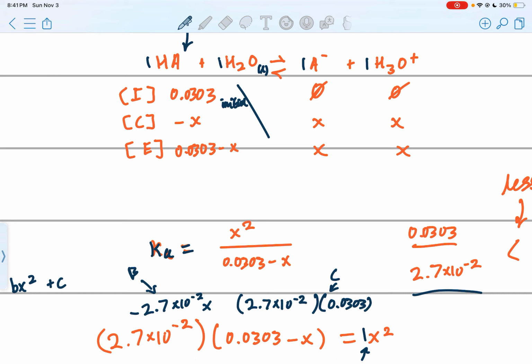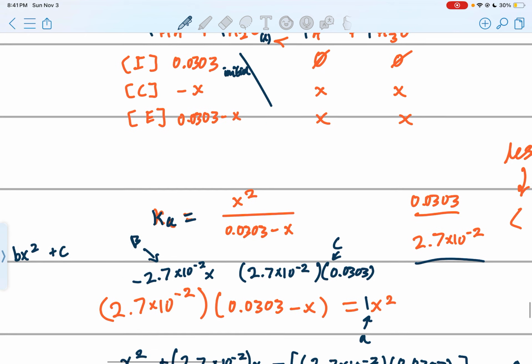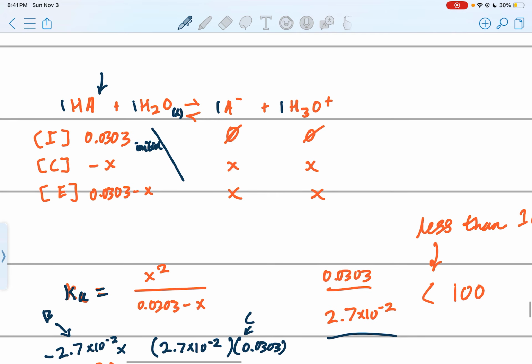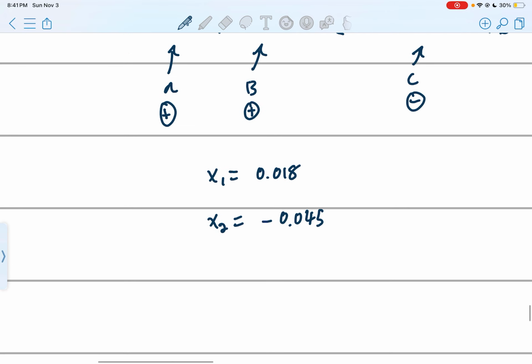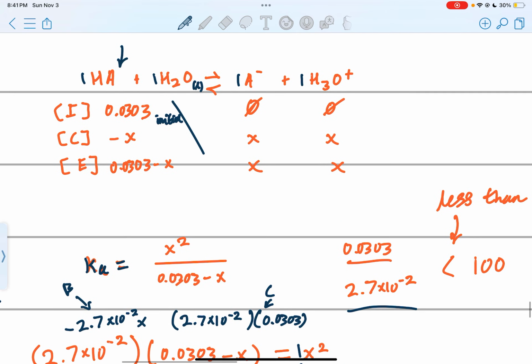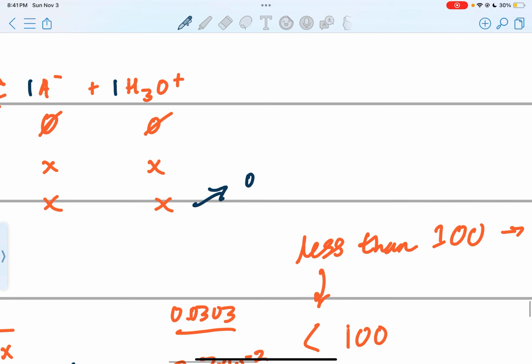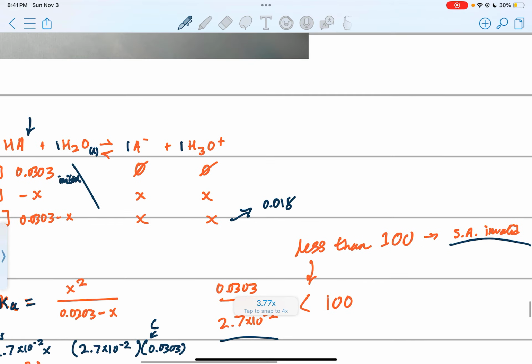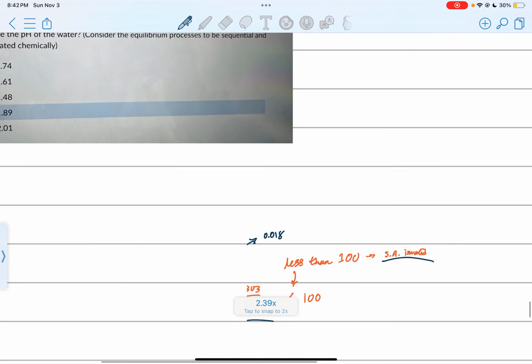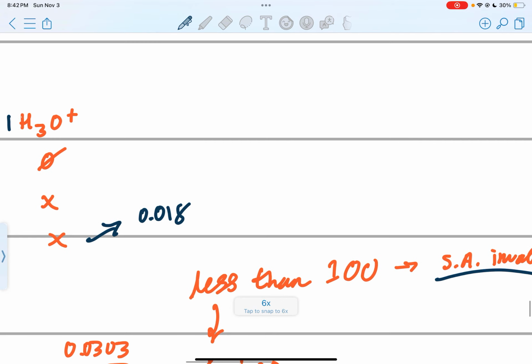So from here, I'll set my calculator back into its normal mode. And here I can find what my x is, right? It's actually just 0.018, so I didn't have to subtract anything, right? So the concentration of hydronium ions is 0.018. Cool. So it's asking me for the pH.